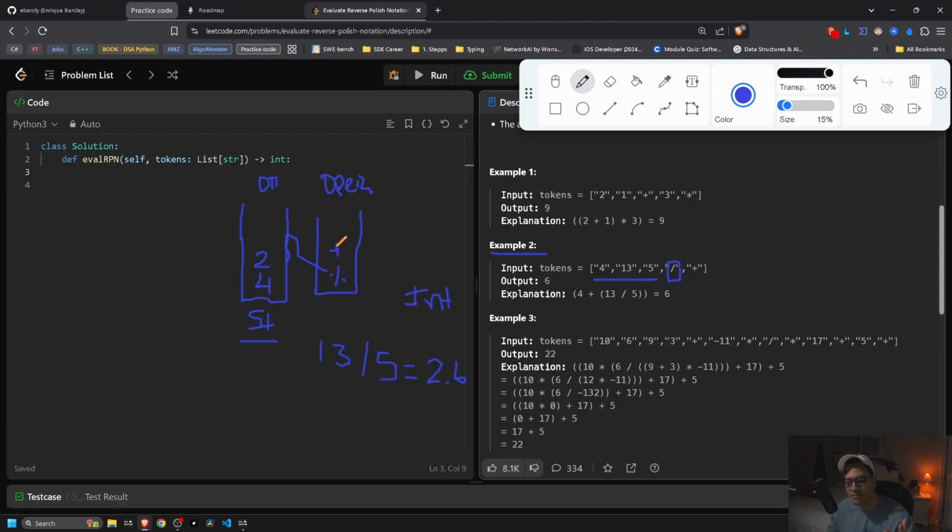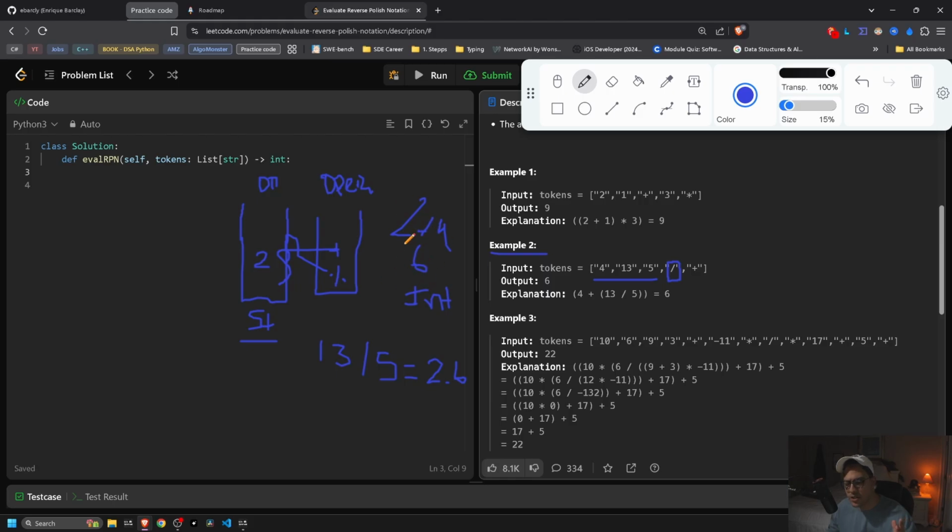We do the same thing. Now we take the plus sign and operate these two values, okay? So what do we have? 2 plus 4 equals 6. These numbers are getting kind of crazy here, but it's kind of like art. So 6 in this case, we can do the same thing. We're gonna pop this element from here, and we're not necessarily popping it, we're just converting it, okay?